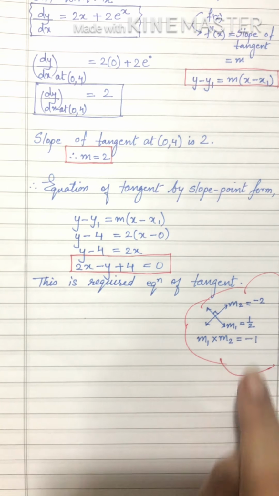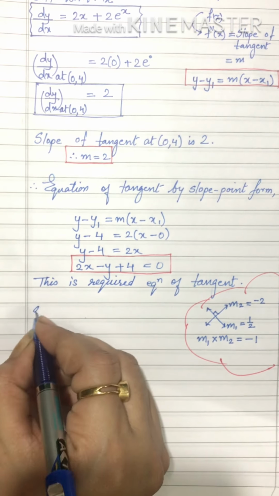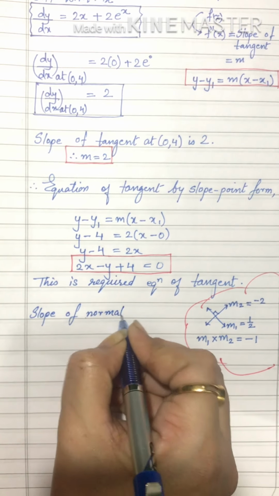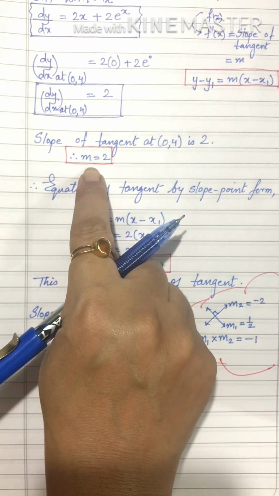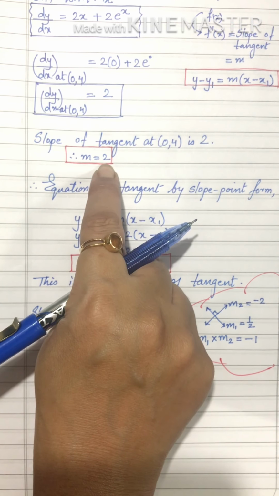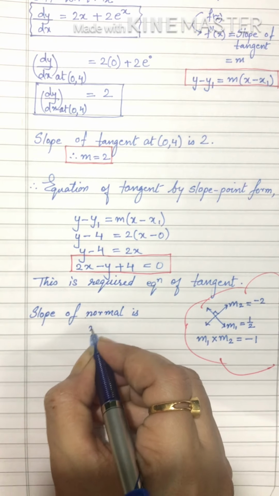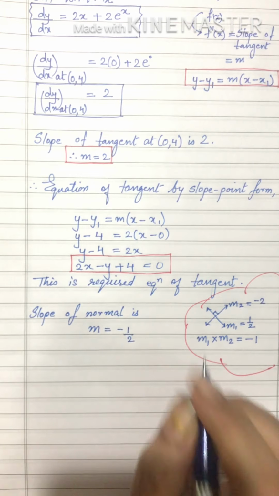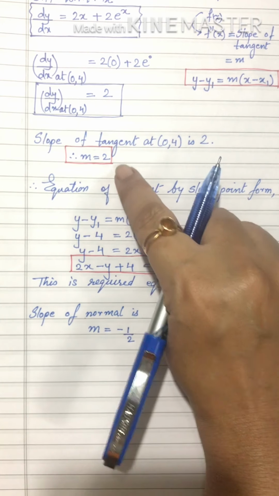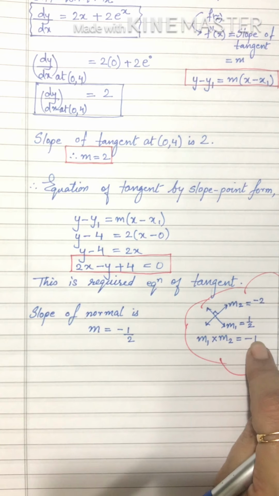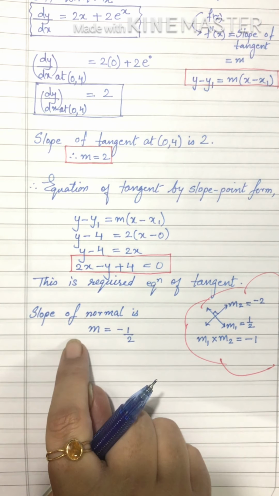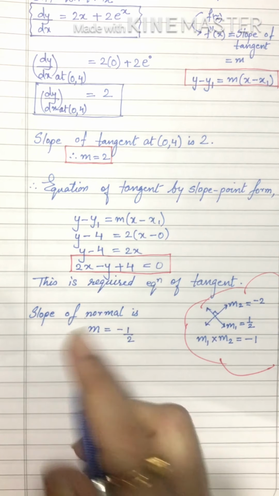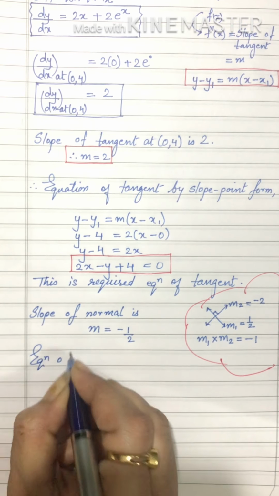Okay, keeping this in mind, I first of all write slope of normal is, now where we have slope of tangent as m is equal to 2, so slope of normal will be reciprocal of 2, that is 1 upon 2 and with a negative sign because this is positive. Okay, you just need to keep in mind this trick. Now once you are done with slope, then it is again similar to how we found equation of tangent, same way we will find equation of normal.